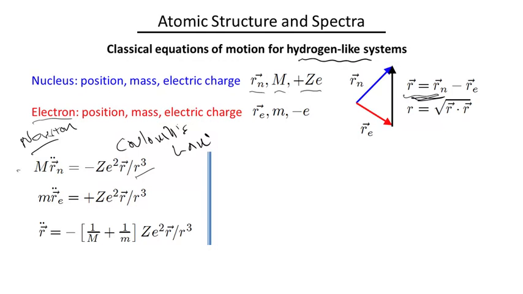What you can do now is take this equation and multiply by 1 over M, and multiply this equation by 1 over little m, and you subtract them, and so you get an equation of motion for the electron-nucleus separation alone.